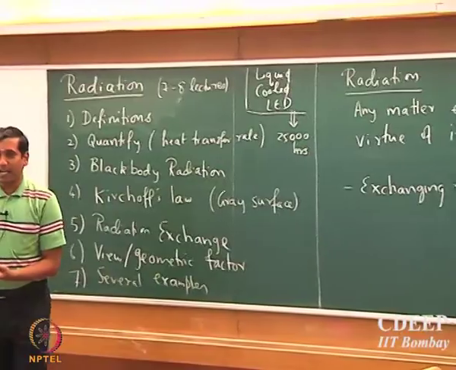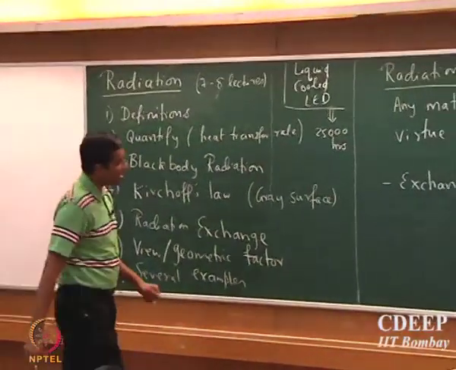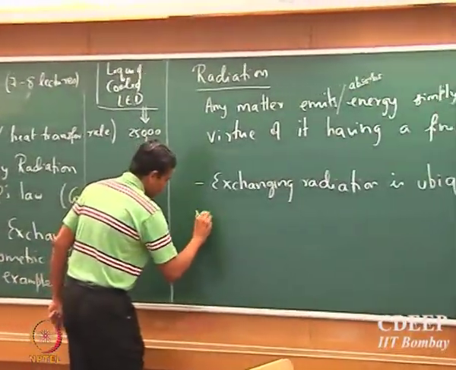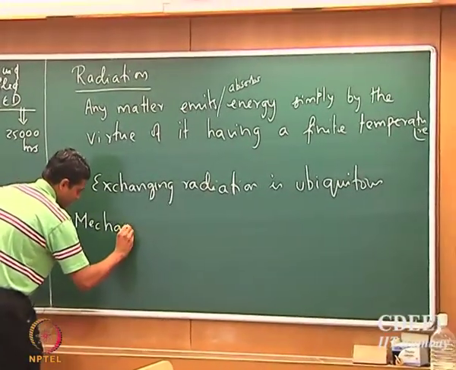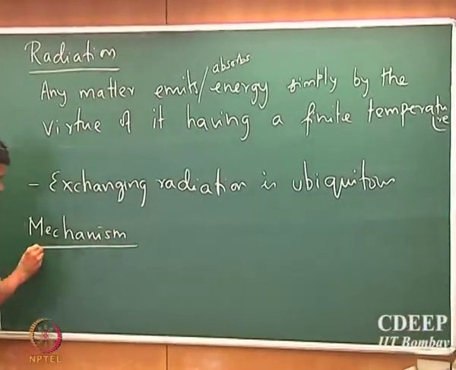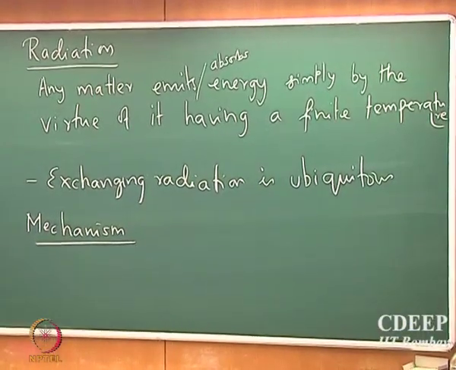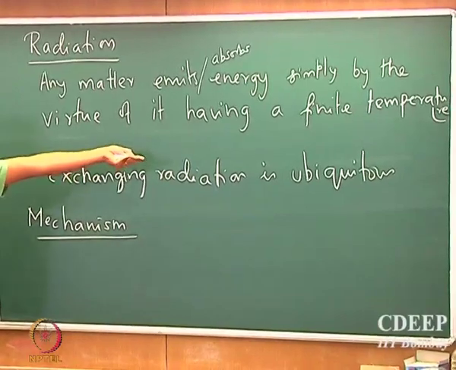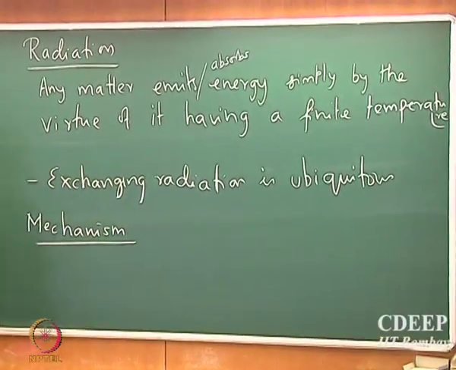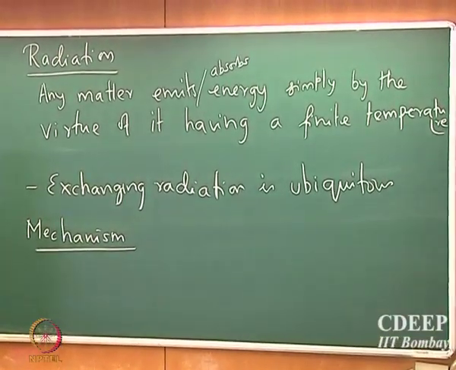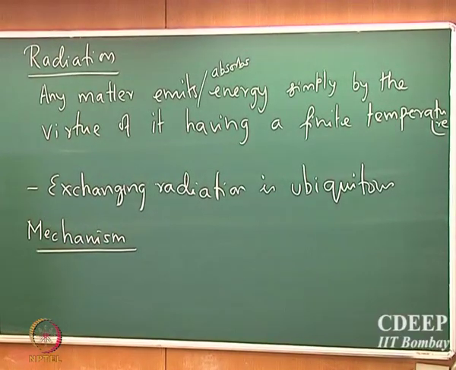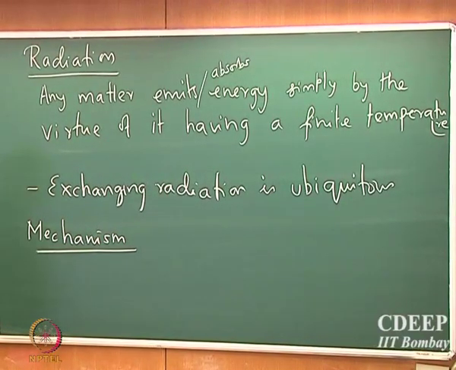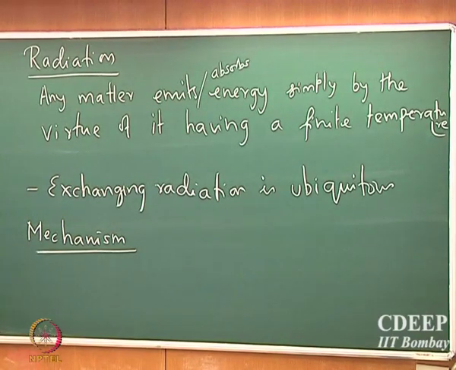So the mechanism of radiation. Let us look at what the mechanism of radiation is. As he rightly pointed out, because there is an object at a certain temperature, electrons are emitted from the surface, and there are two theories available to explain the mechanism of radiation.